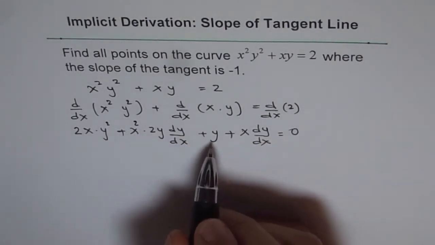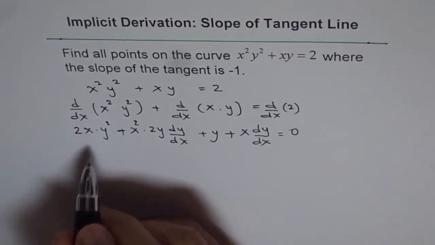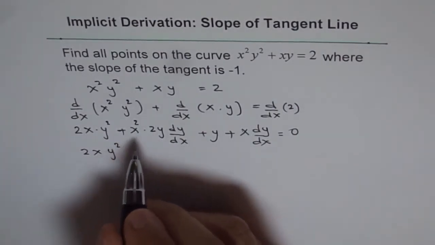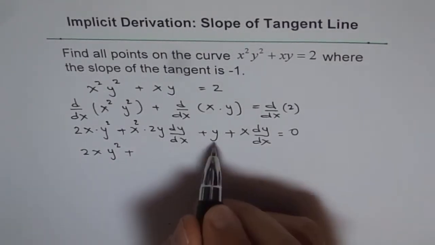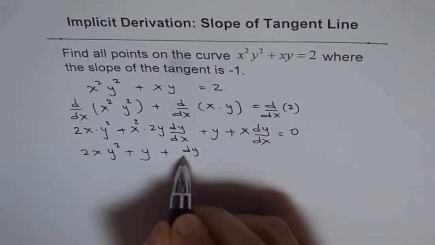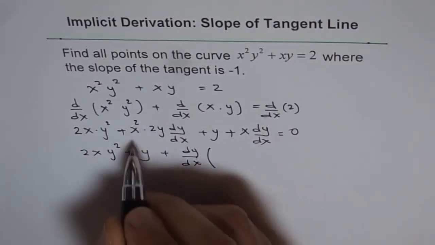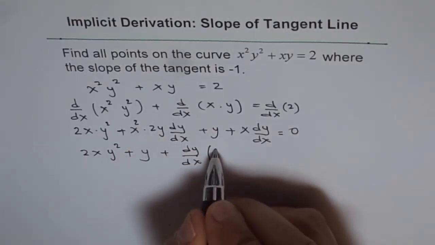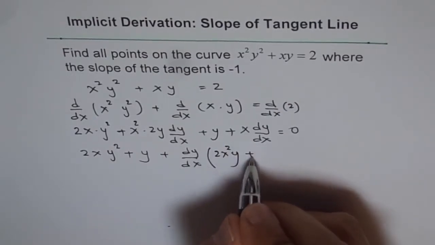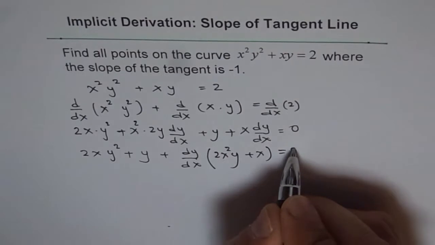So we get 2xy² + y, and for dy/dx we can say dy/dx within brackets, this is 2x²y, and this one is plus x, equals 0.